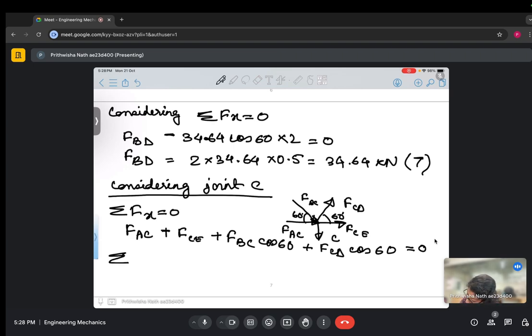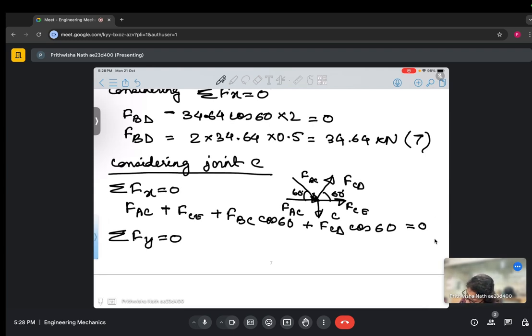Now Fy equal to 0. At this joint, this is 20 kilonewton, minus 20 minus FBC.